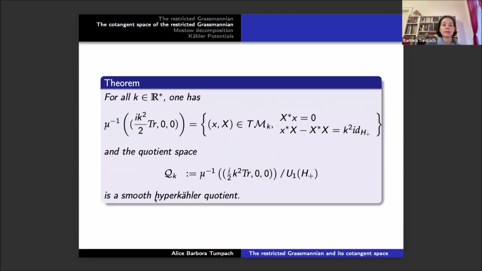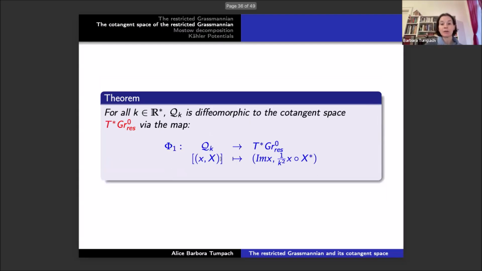What is interesting is that the level set corresponding to a given element of the image of the moment map has this expression, and so we can perform the hyper-Kähler quotient, and this Q, the quotient that we get, actually will be isomorphic to the cotangent space of the restricted Grassmannian by the following map.